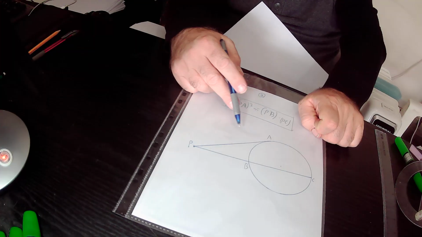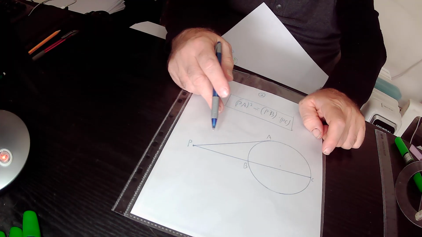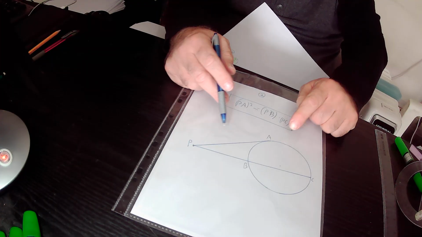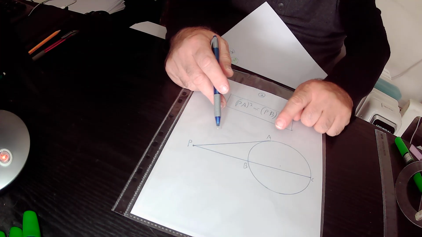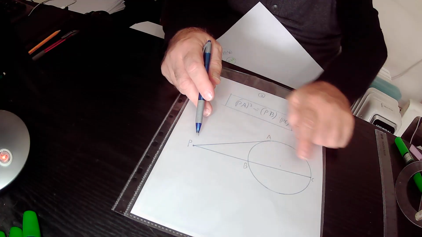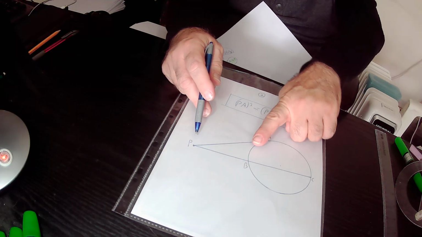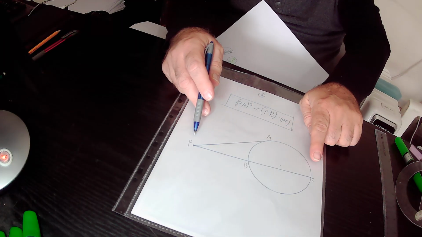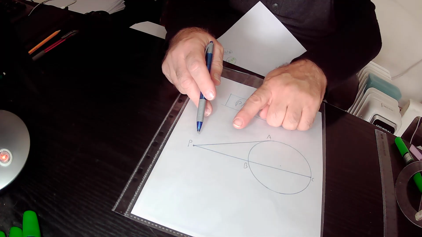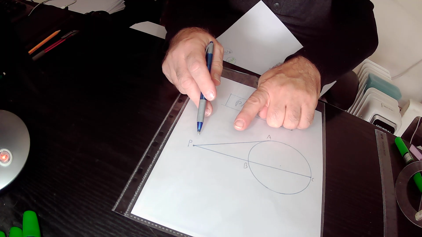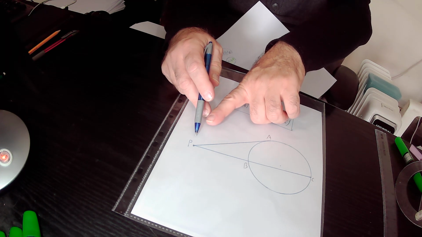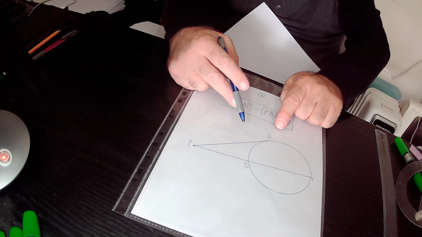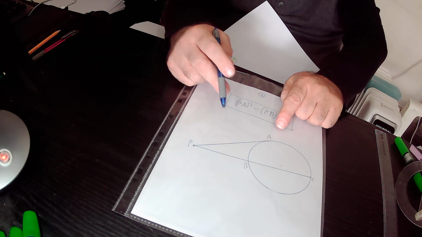So PA squared equals PB times PC. PB is the external part of secant PC, and PC is the length of the secant in total, and the product equals PA squared, the length of the tangent squared.